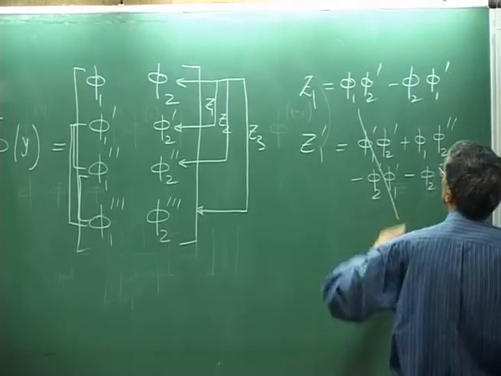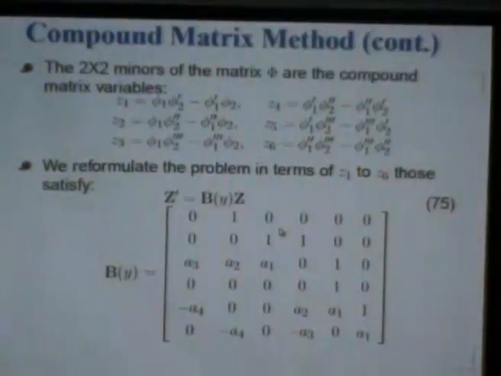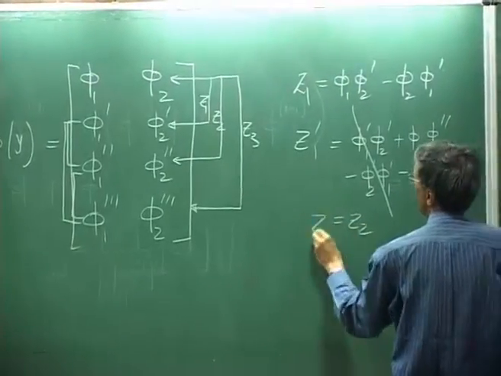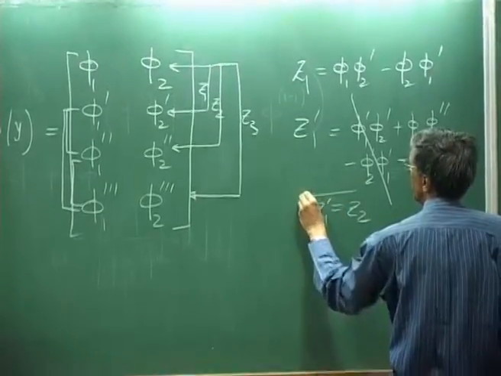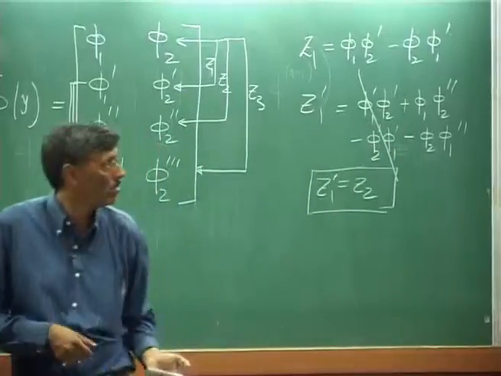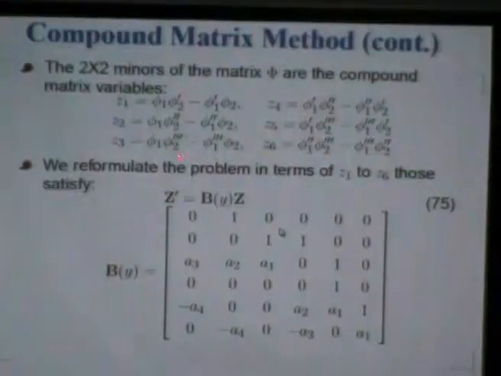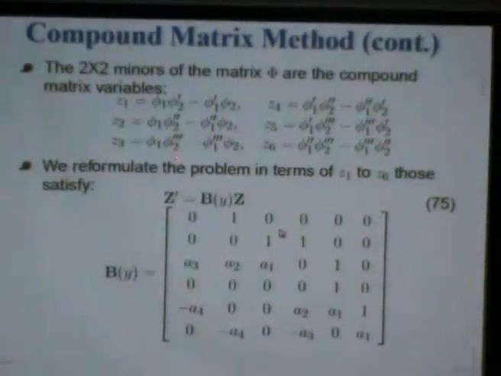Of course, these two will cancel, and this one is nothing but your Z2 itself. So, you get an equation from the definition itself that Z1 prime equals Z2. You could keep doing that, keeping in mind that your governing equation is the fourth order equation.